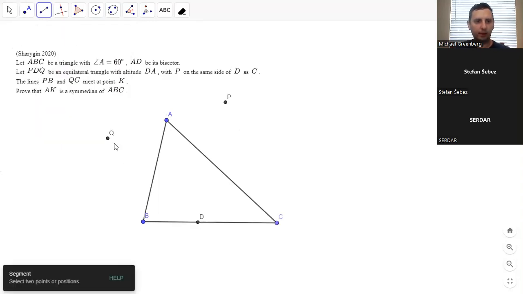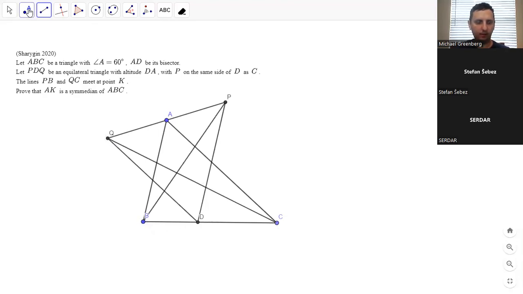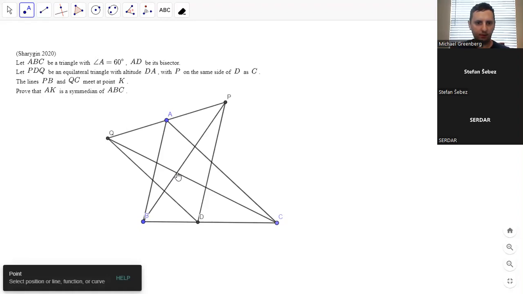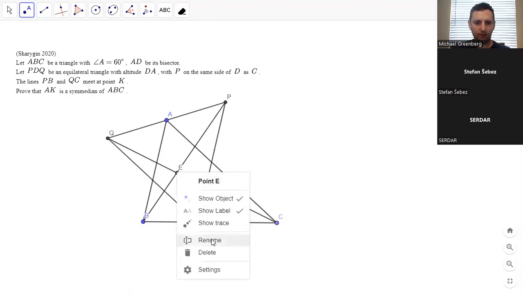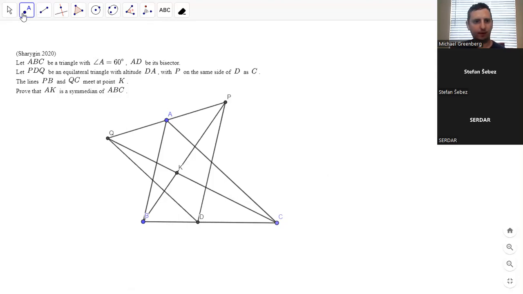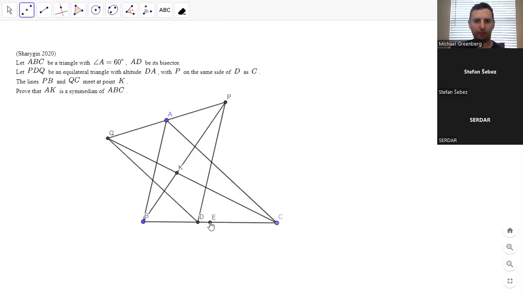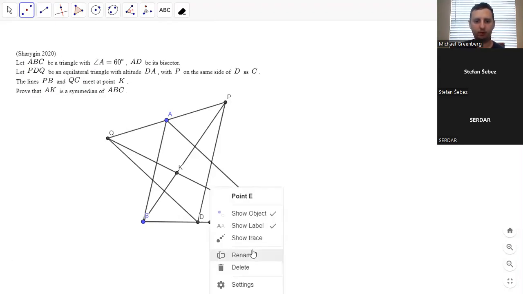And then we let PB and QC meet at K. And we want to show that AK is the median. So I'll just let M be the midpoint here.